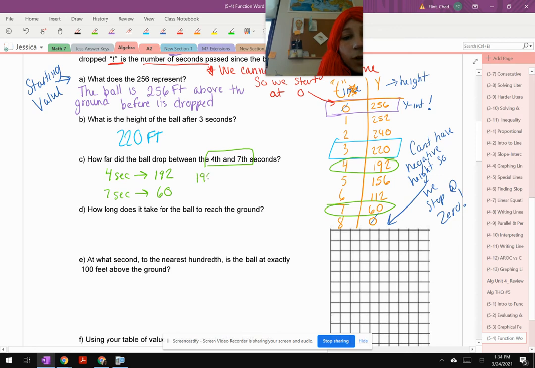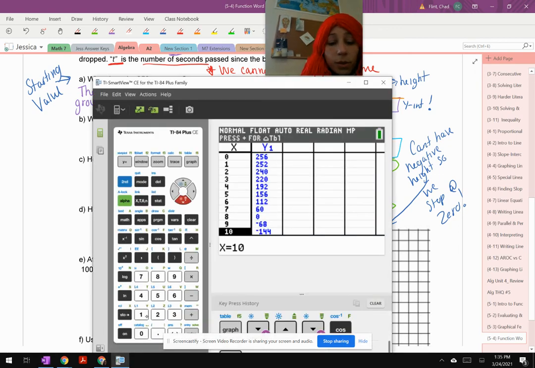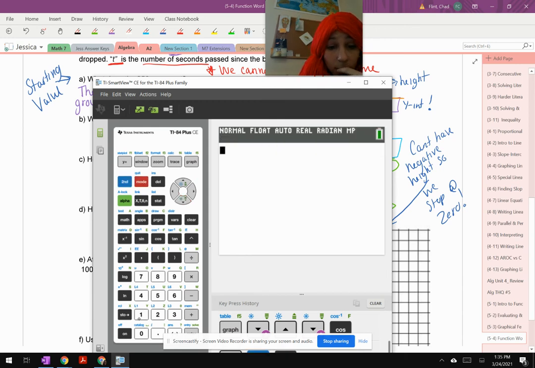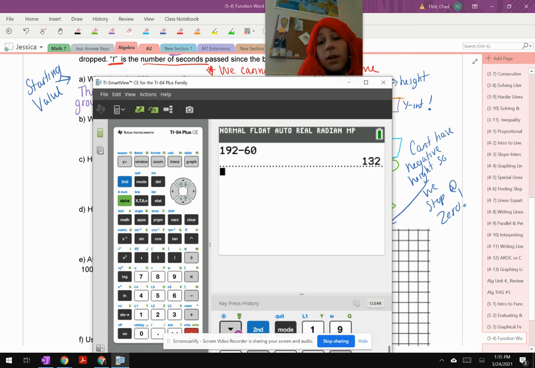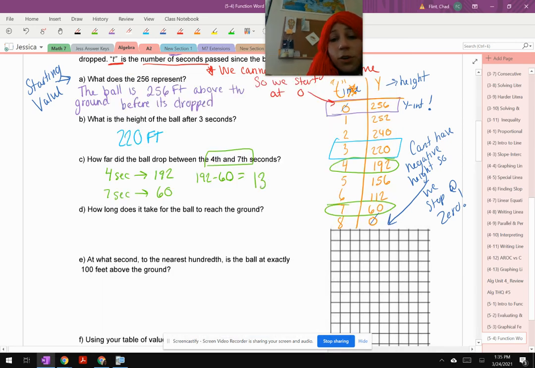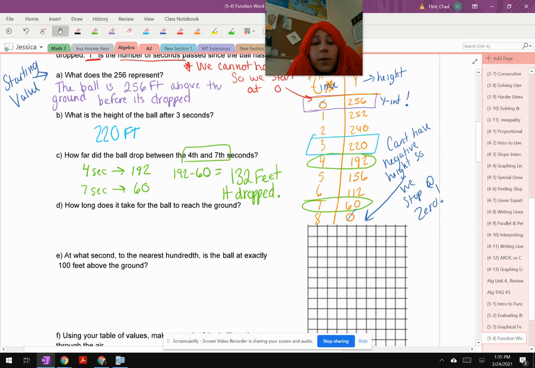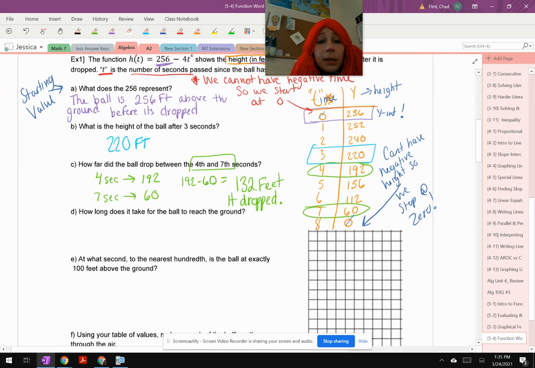Subtract. 192 minus 60 equals, I don't know, 132 probably. 192 minus 60. Look at me doing math in my head. So 132 feet. It dropped, yeah, I said that backwards. It's fine. All right, keeping on here.